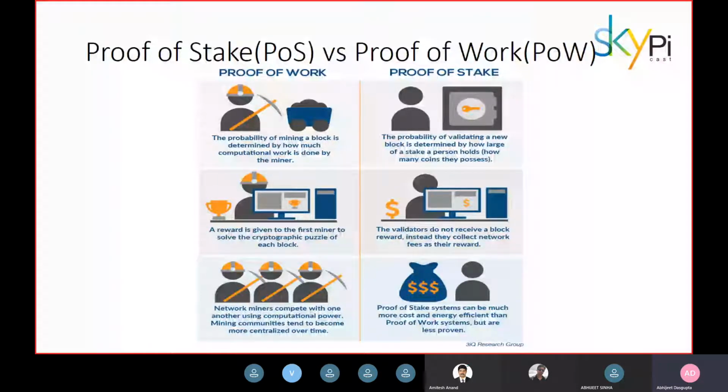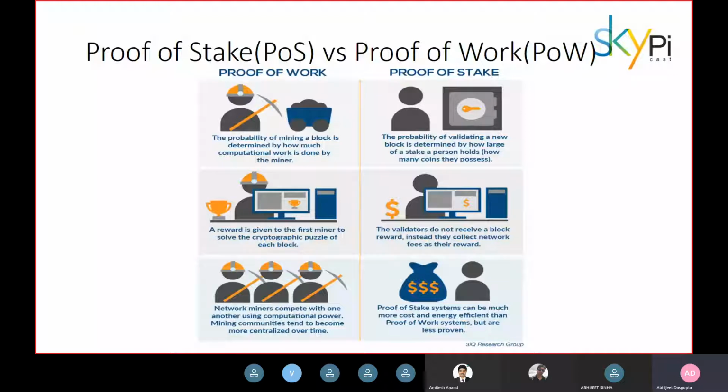Instead, they collect only the network fee. Every transaction has a transaction fee, and these fees are collected by the validators as part of their rewards. But in proof of work, the miners get the transaction fees as well as the reward. We will talk about the reward part a little later.